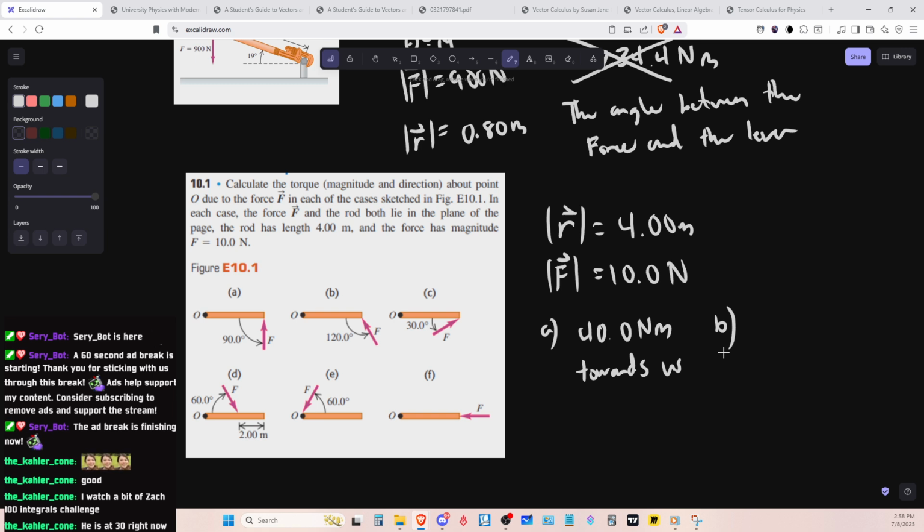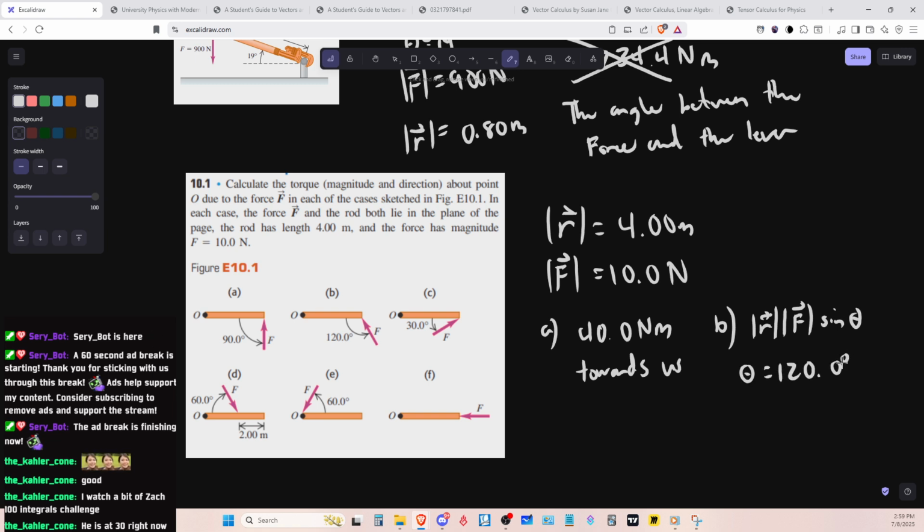And for B, we have a force at 120 degrees. So that means we're going to have to use sine.